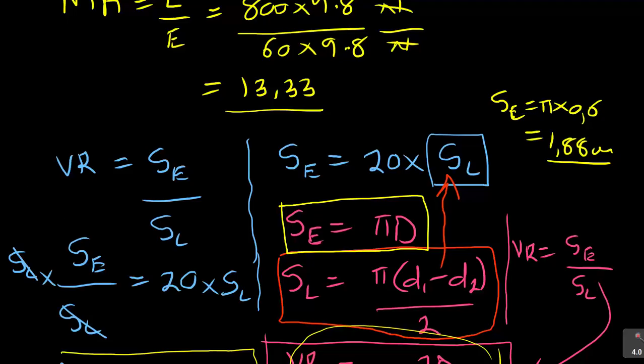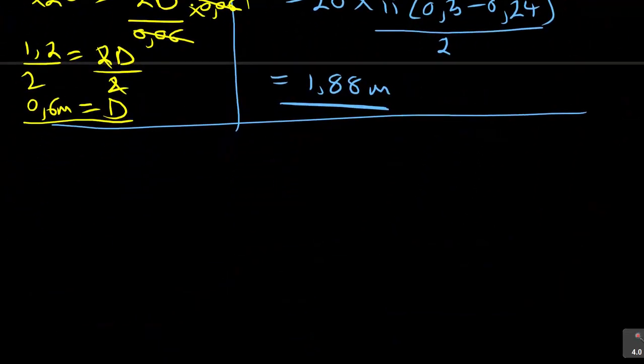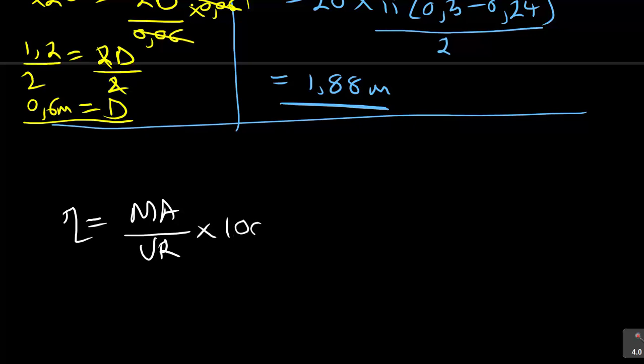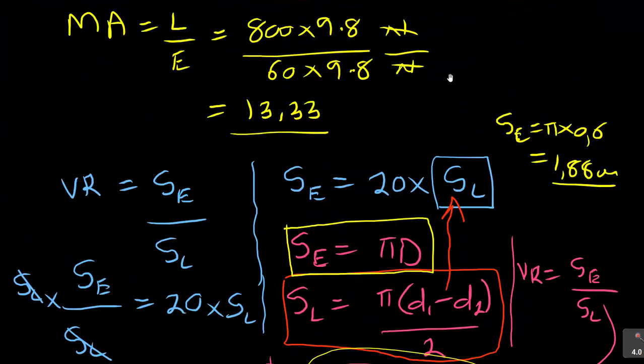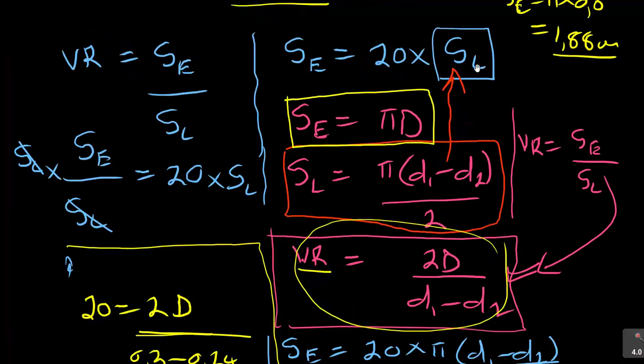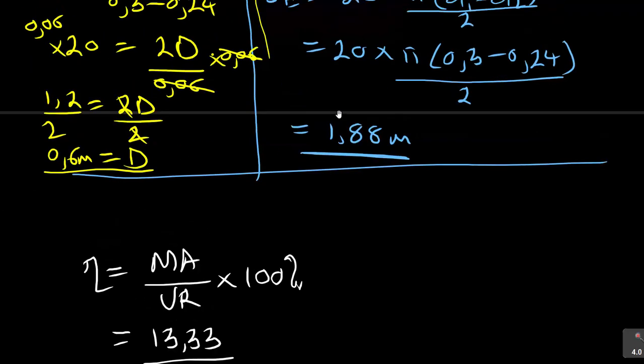So if I use that formula, efficiency is equal to mechanical advantage over velocity ratio times 100 percent. Efficiency is measured in percent. Now the mechanical advantage that we got, remember, was 13.33, over the velocity ratio.